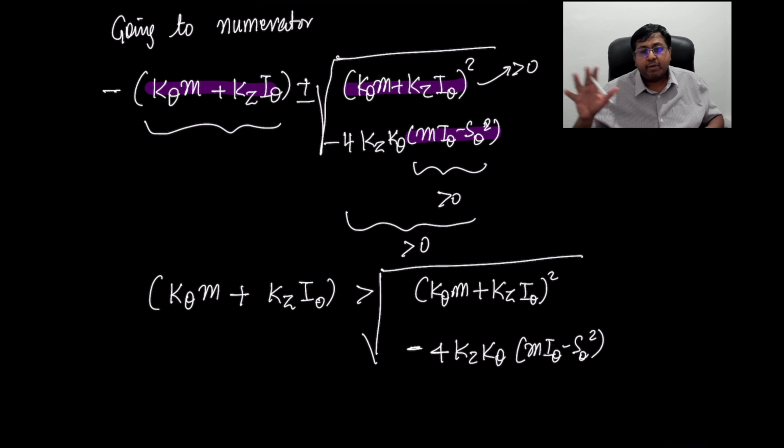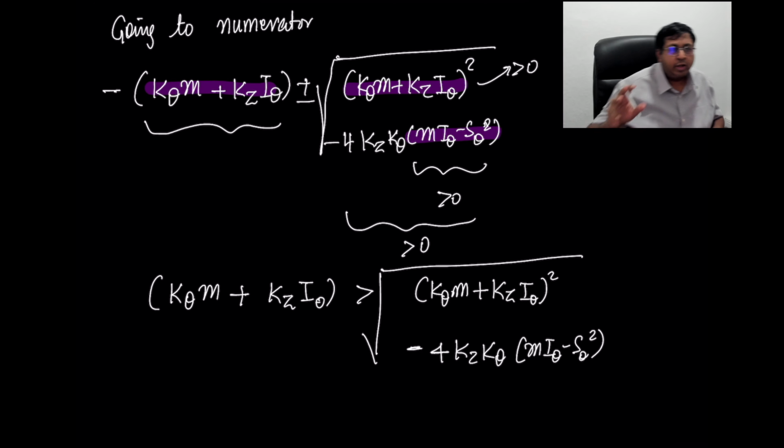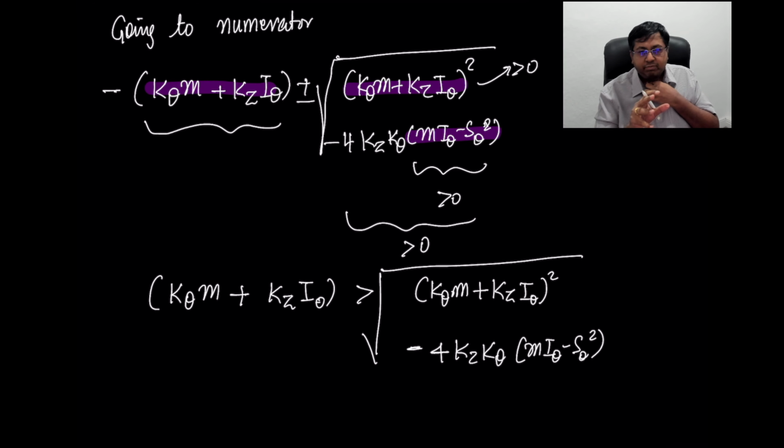The term inside the square root is smaller than the term outside, primarily because we have one positive number, the square of that number, subtracted by another positive number. So that should always be less than that.